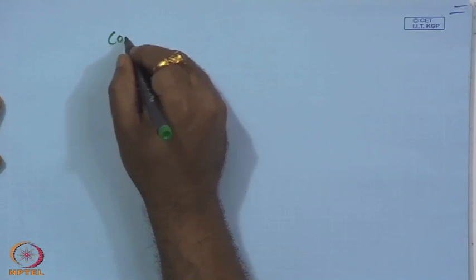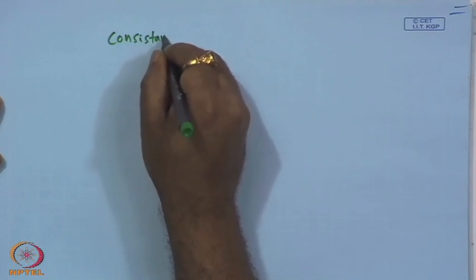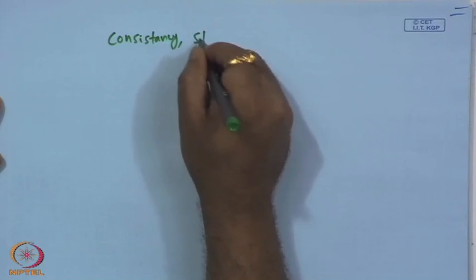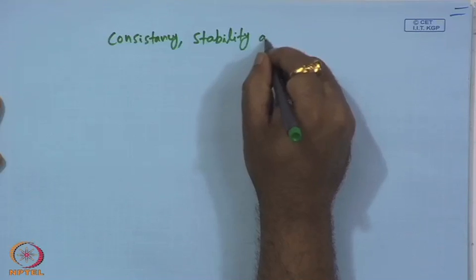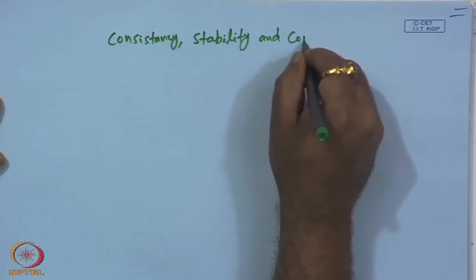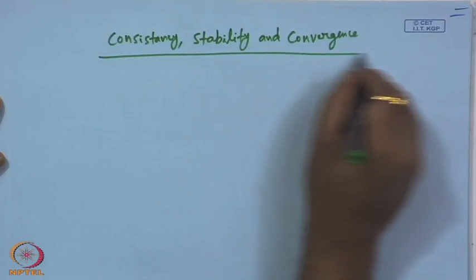Let us put this down formally and then proceed further to talk about consistency and stability. So, the title I put: consistency, stability and convergence.